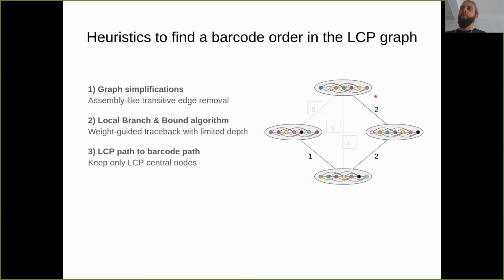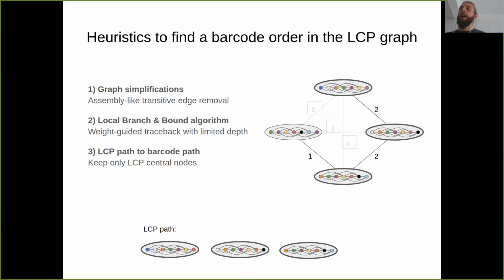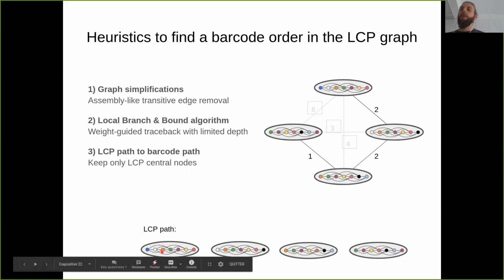So first, we simplify the graph by transitive edge removal. Then we perform a local branch and bound algorithm to create the LCP path. For that, you can read it in the paper. And finally, we extract the central node of each LCP to transform the LCP path into a barcode path.